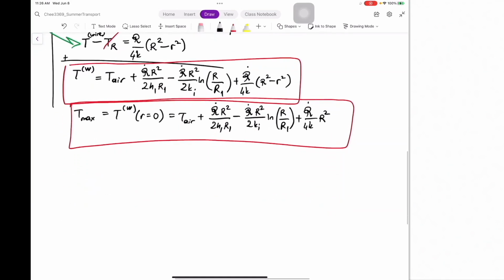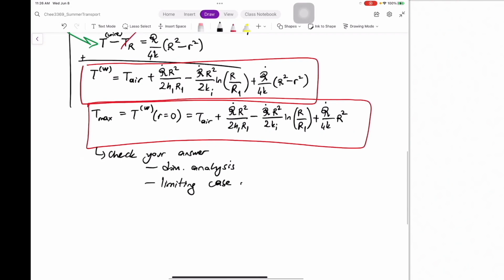So one thing you should do, you should check your answer by doing dimensional analysis, okay, and by checking the limiting cases. For example, you can say, what if there is no insulating material?